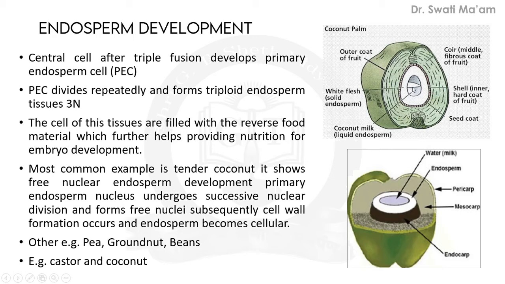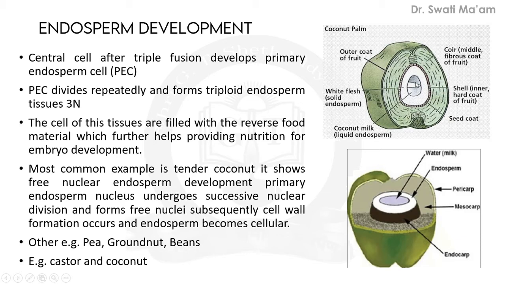Students, you know that we drink coconut water with great relish. In the central-most portion, you can see here it is written coconut milk. It is actually a liquid endosperm. Then it is followed by a white colored structure which we call malai. This white structure is a white fleshy, solid endosperm, which hardens later on. Then this is the seed coat, also known as the shell, surrounded by a fibrous coating, and this is the outermost covering.